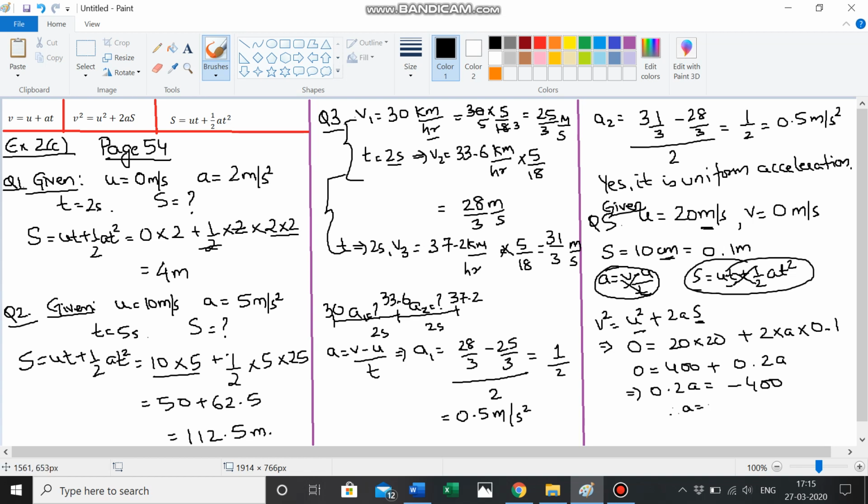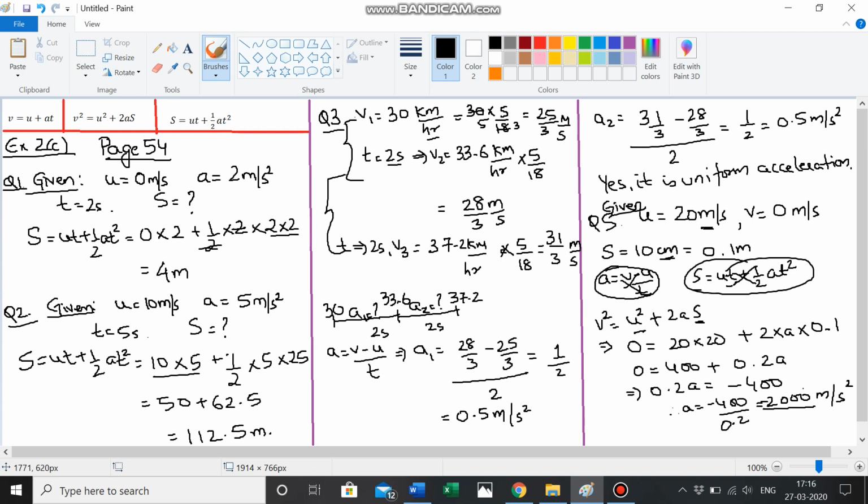Therefore, A is equal to negative 400 upon 0.2, which is equal to 4000 upon 2, which is equal to negative 2000 meter per second square. Why is acceleration negative? Because the object is coming to a rest, which means it's not increasing speed, it is decreasing speed. This is a case of retardation.